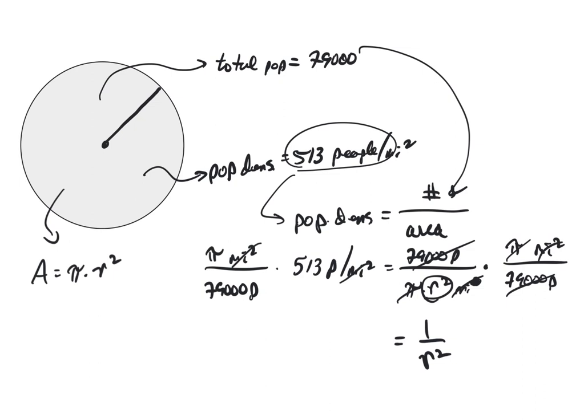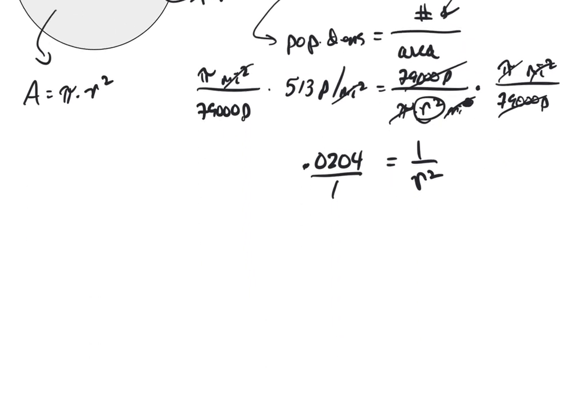So what I need to do is multiply pi times 513 and divide by 79,000. So I'll get a pretty small number. I'm going to write it out to a couple of decimal places, 0.0204. And then to solve for r, I need to cross multiply. So multiplying diagonally this way, I'd have 0.0204 r squared.